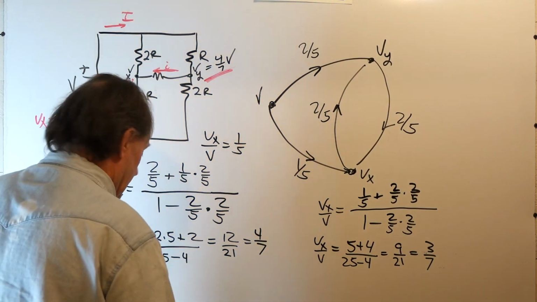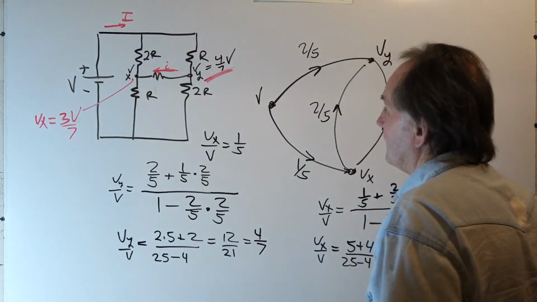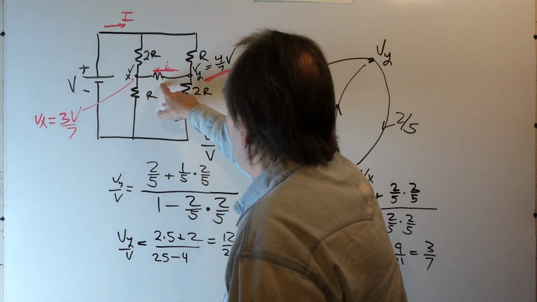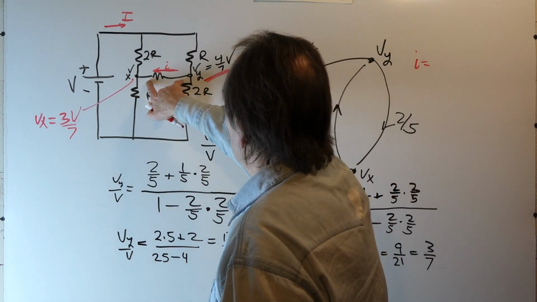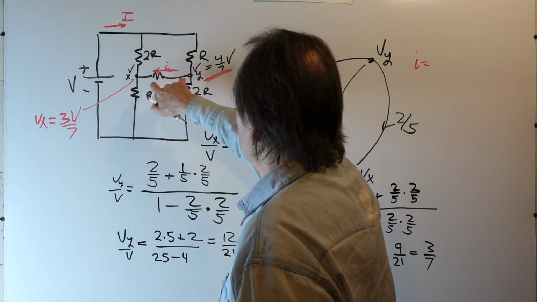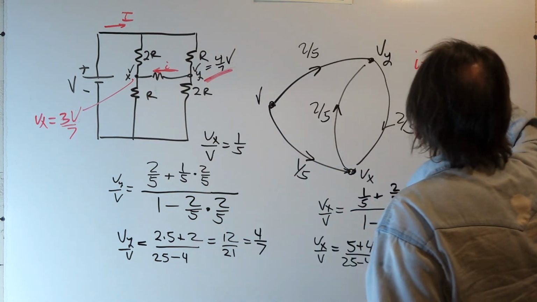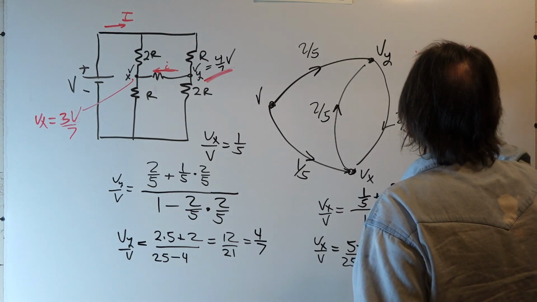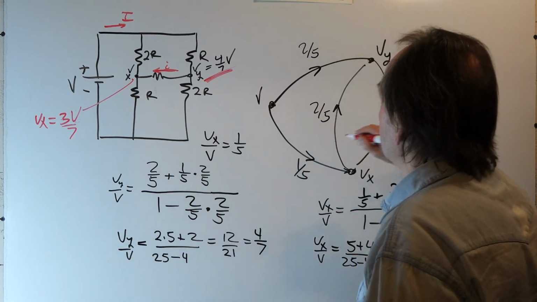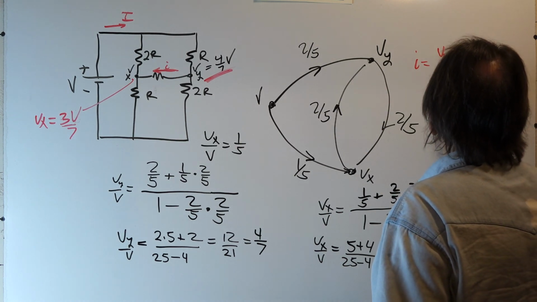All right, let's just check to see if these values are correct. Let's get the current I. Well, I is just the difference in node voltages across the resistor, so it will be Vy minus Vx divided by the resistance. Well, what's Vy? Vy is 4V over 7.